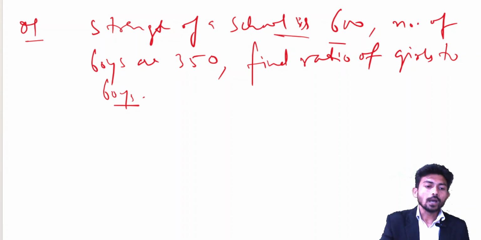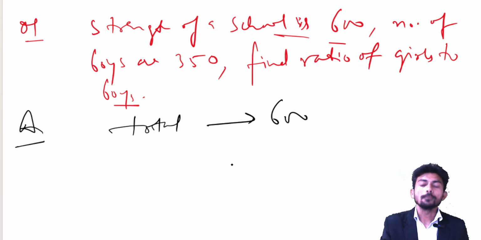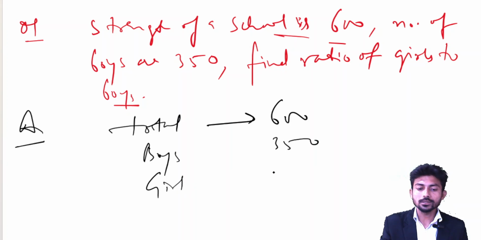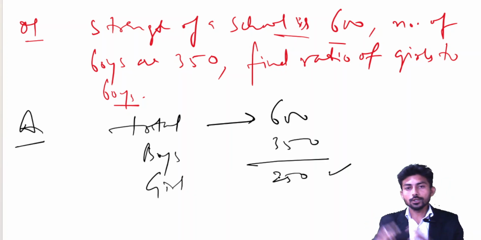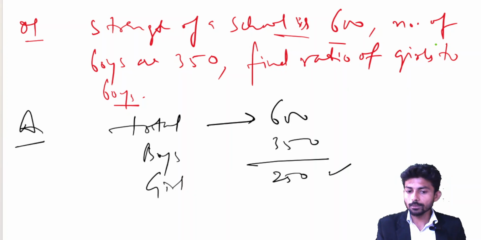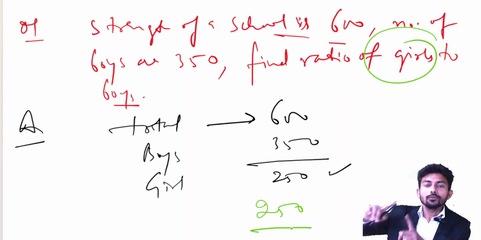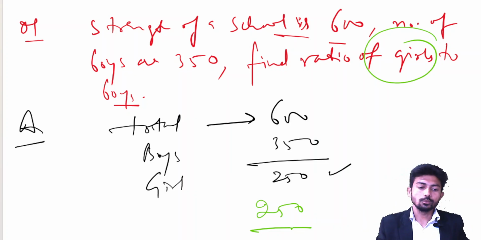Now it is very clear that the total strength of the school is 600. Out of this 600, the boys are 350. Then obviously the girls will be 250 in number. Since they have asked about girls to boys, girls are 250 in number and boys are 350 in number.